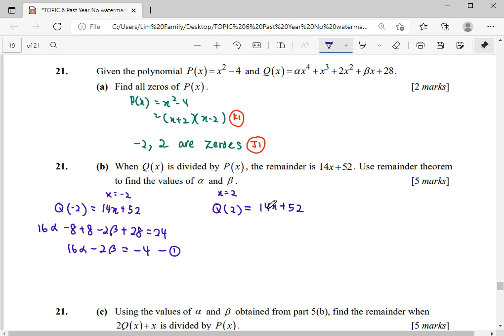Then our second equation comes from the second piece of information, the second root, x equals 2. So substitute 2 inside: 16 alpha, minus 8, then plus 8, plus 8 again.